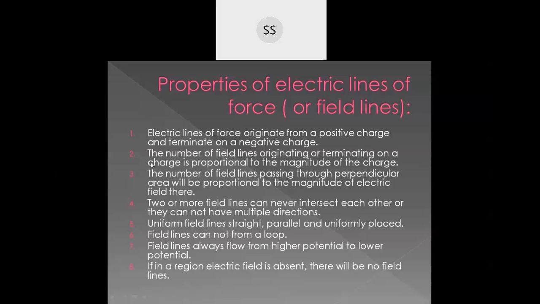The number of field lines originating or terminating on a charge is proportional to the magnitude of the charge.